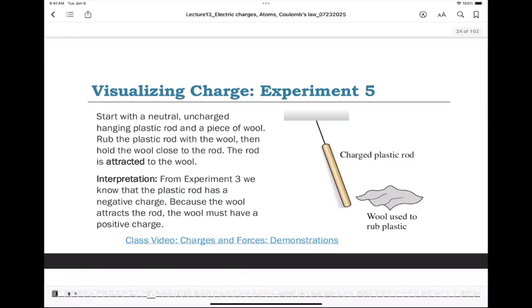Let's explain this. For experiment 3, we know that the plastic rod has a negative charge, because the wool attracts the rod, and the wool must have a positive charge. One has the negative charge, the other has the positive charge, so those two will be attracted to each other.